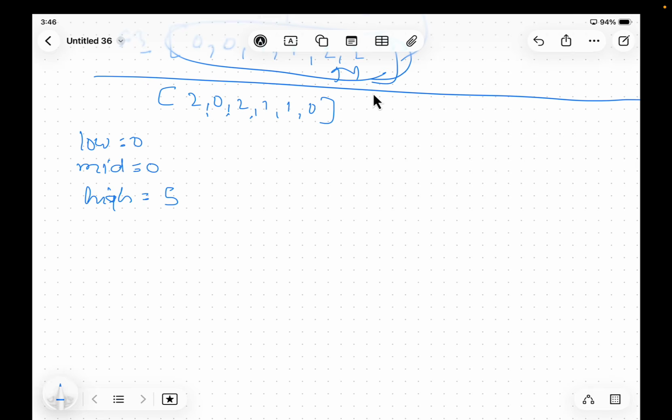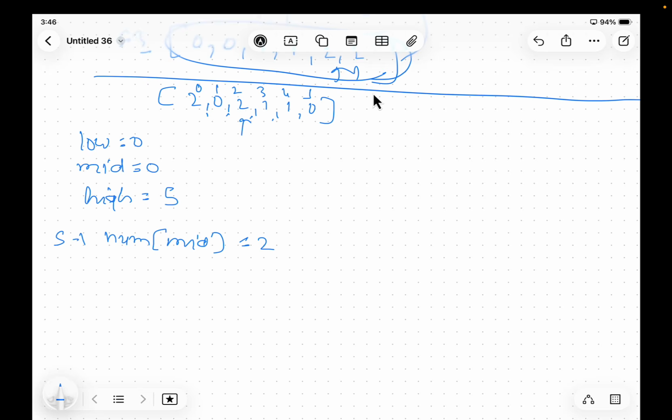Right, 1 2 3 4 5 6, indexes 0 1 2 3 4 5. So what will be step 1? I have calculated the mid number, right? So mid is equal to 2.